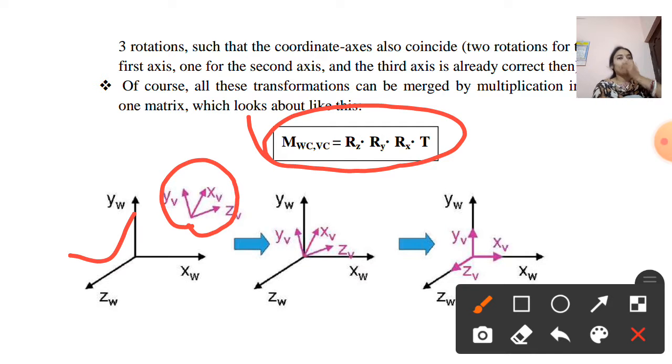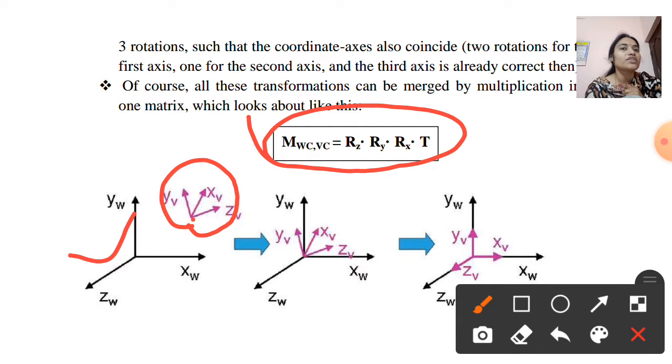So when we convert from world coordinate to viewing coordinate, we can follow these steps. First we translate it, which means translate to the origin. The point where the xv, yv and zv lines are connected at one point is known as our view reference point, or VRP.